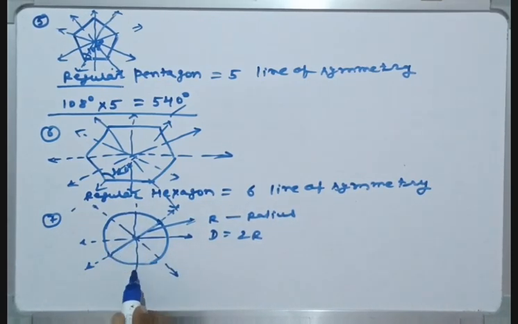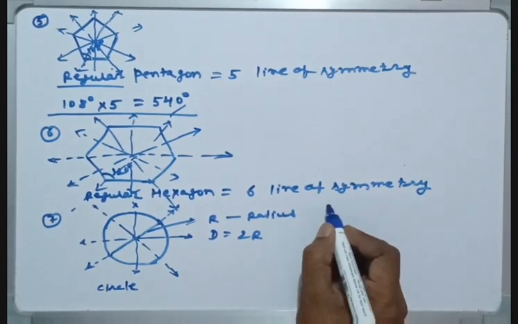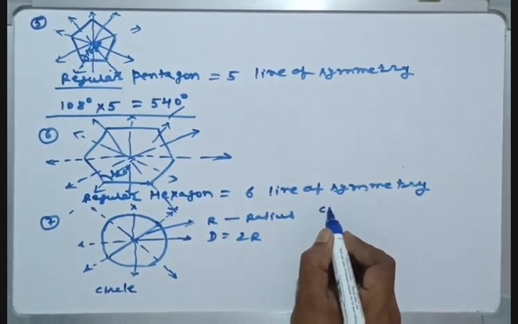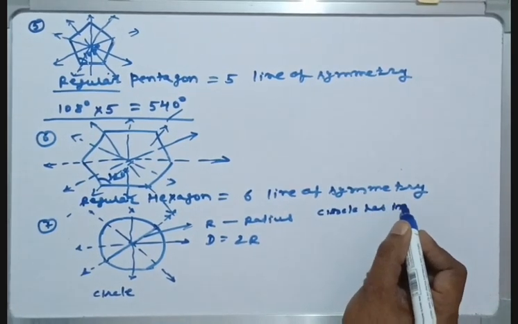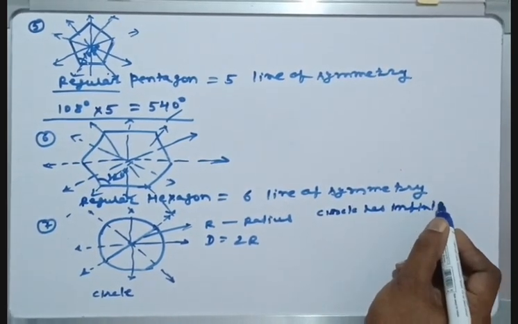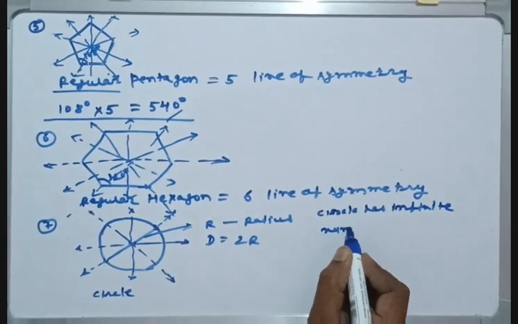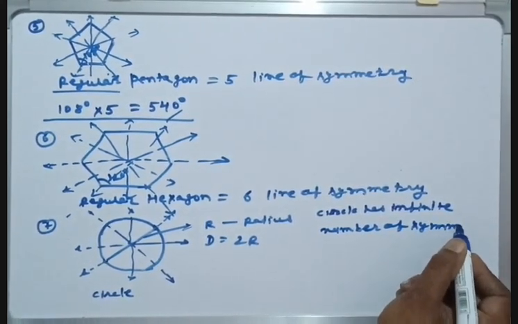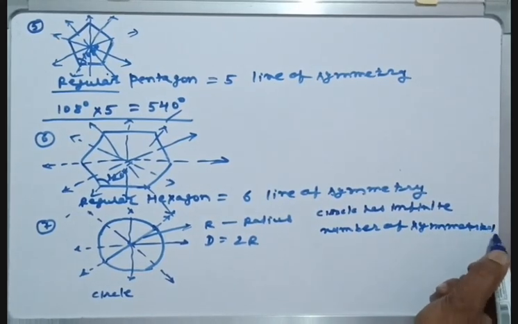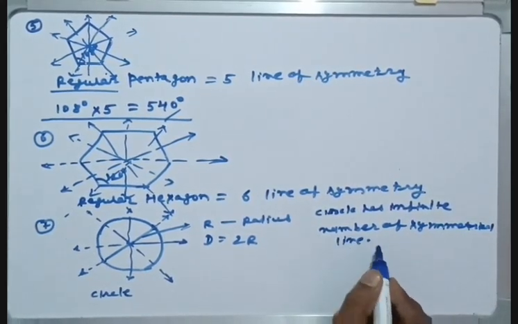Okay, so in case of a circle, what we say, a circle has an infinite number of symmetrical lines.